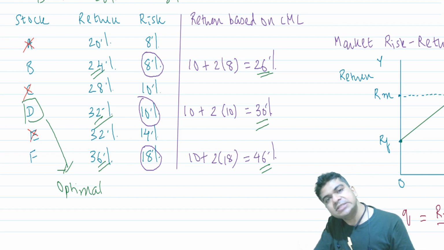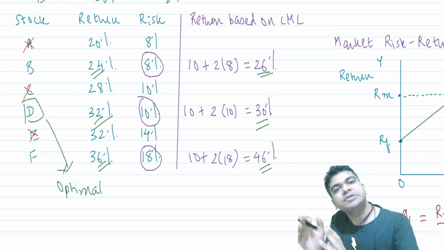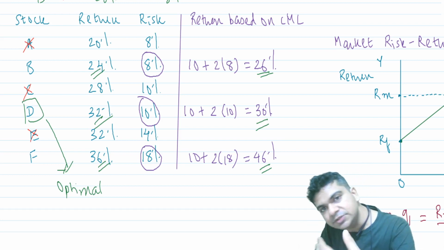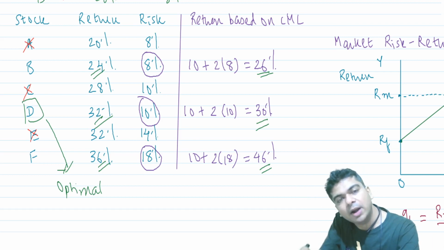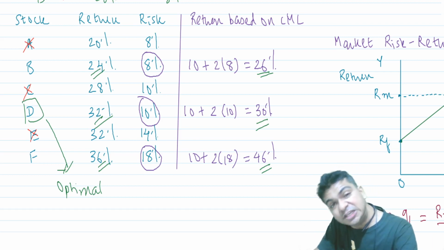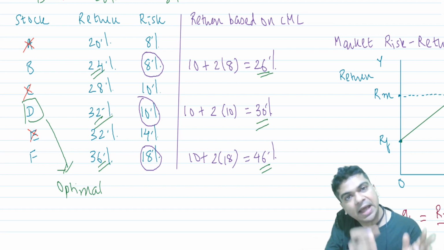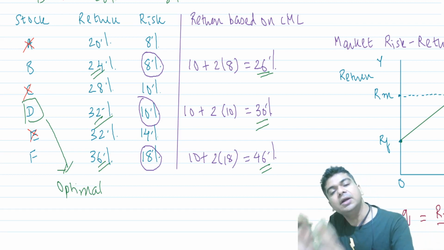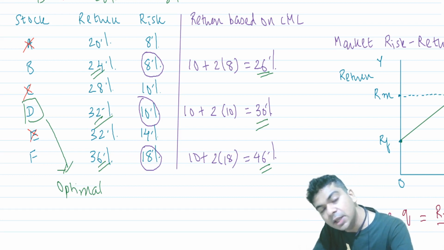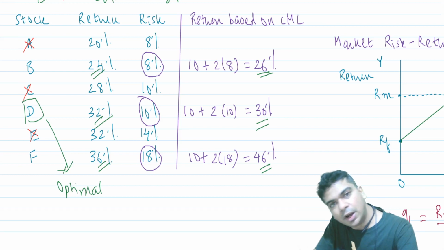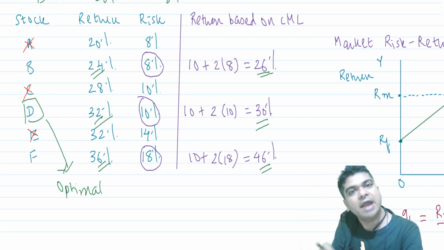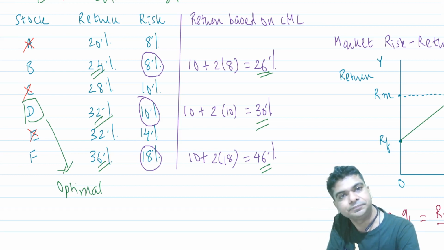Right? Next step, find out what is the risk return balancing that the market is doing. And based on that, work out the return for your efficient securities. Now do a comparison. Compare the efficient securities with the returns that they are going to provide and decide which is the best for our investment.